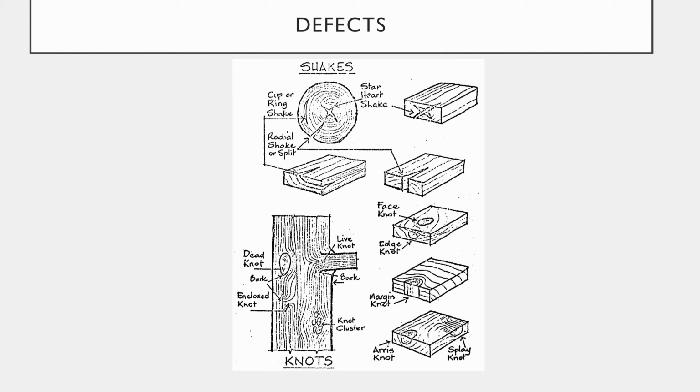Now, the other main natural defect is going to be your knots, and here we can see a lot of different names for knots, but knots pretty much come from branches or growths that tried to happen on the tree. The big challenge of the knot is, one, that wood tends to be much harder and separate from the wood around it, so it can definitely act like a stress concentrator.